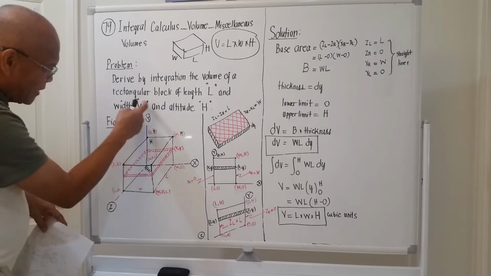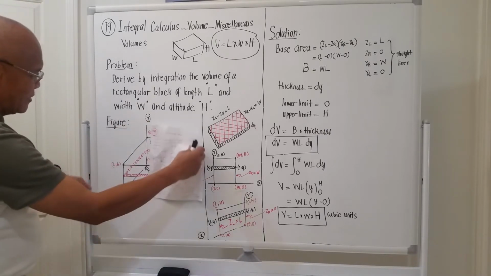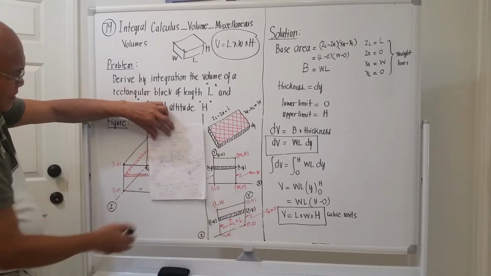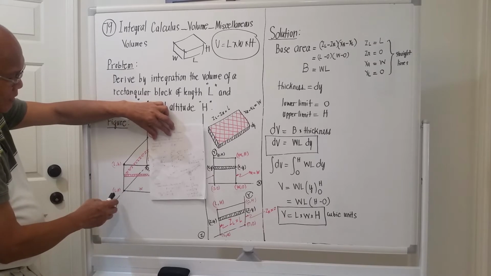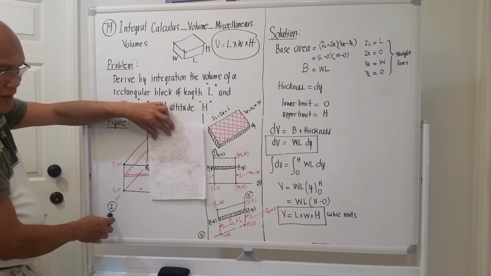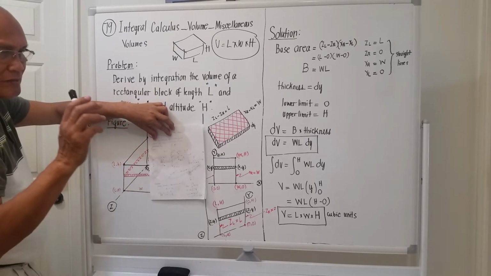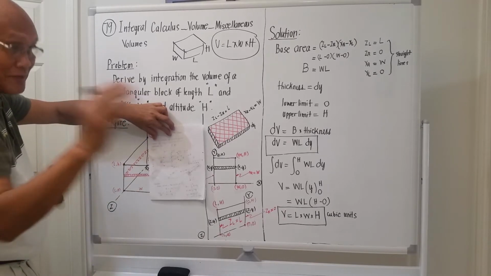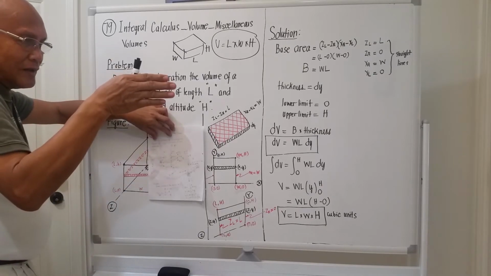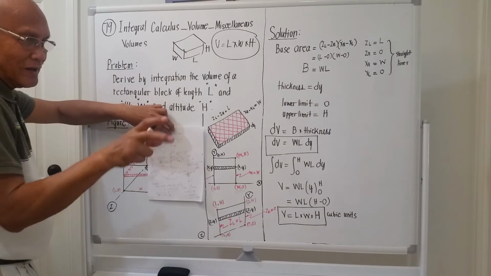Just consider the y and z. So it will be something like this. If you place the coordinate of this one, it should be L0. This is LH. For z, it behaves like an abscissa, a vertical distance.